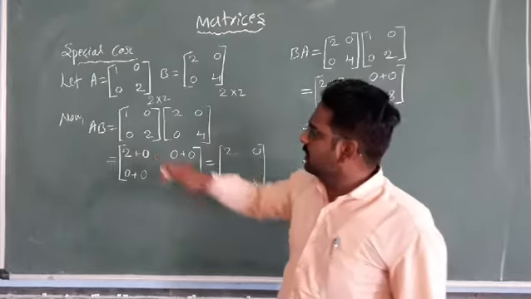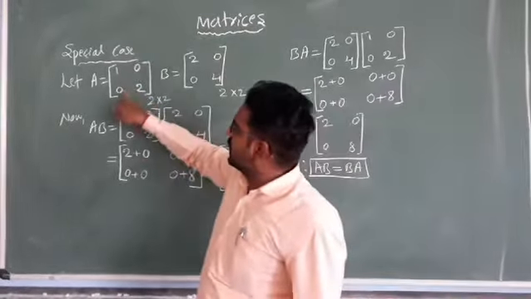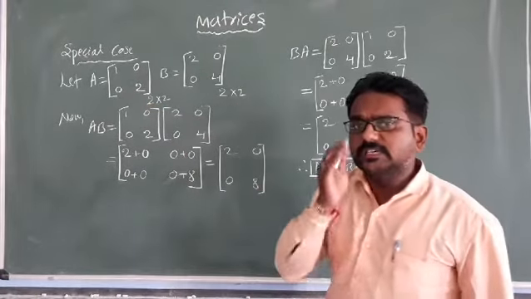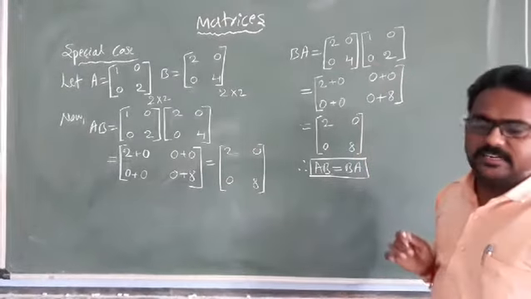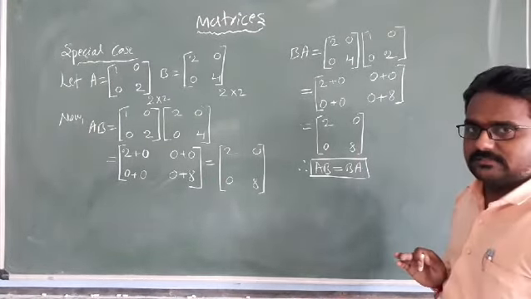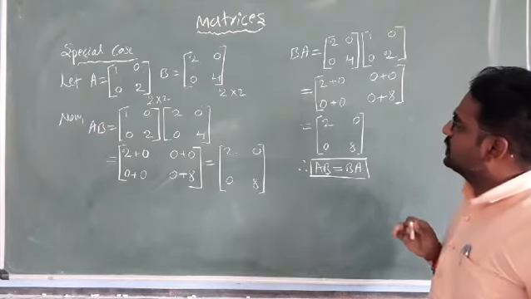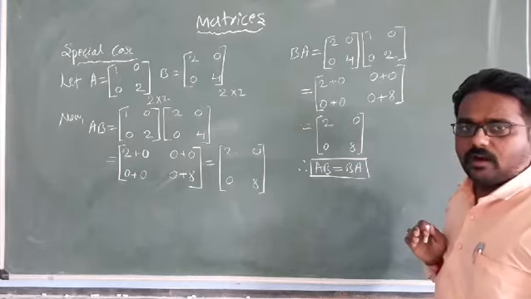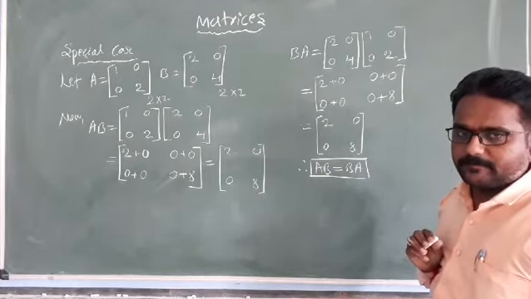Or any one of the diagonal elements may be 0, but the condition is that non-diagonal elements must be 0. That's why I have written a special case for the diagonal matrix. For diagonal matrices of the same order, the product of the matrices will follow the commutative property.